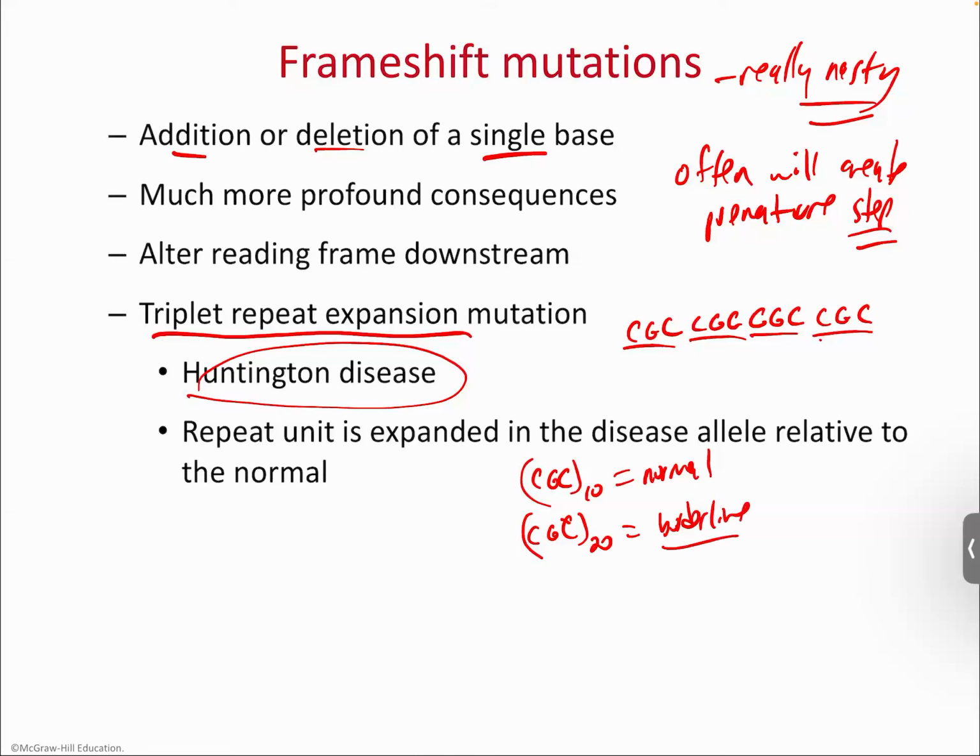And so they'll basically move into a borderline scenario, not necessarily full blown, but kind of borderline. And then their kids, the grandkids, will expand even more, and then they'll get the full blown disease. And so that tends to expand over time.